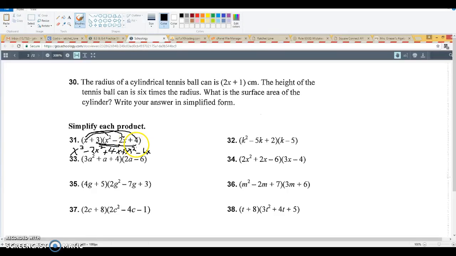And 3 times 4, which gives you a positive 12.